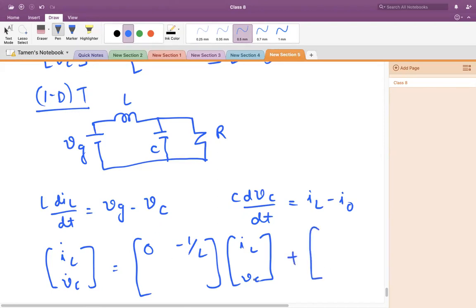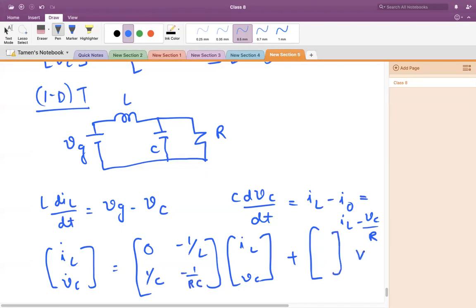What will VC dot be in terms of IL? 1 over C. And what about VC? Minus 1 over RC.